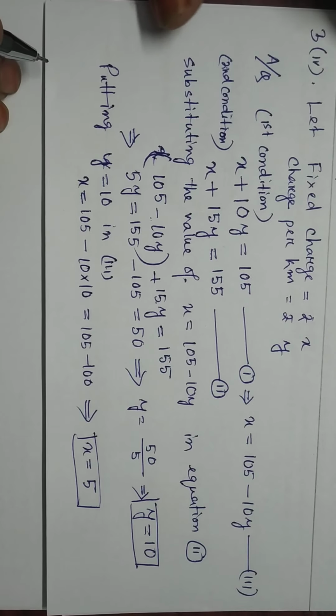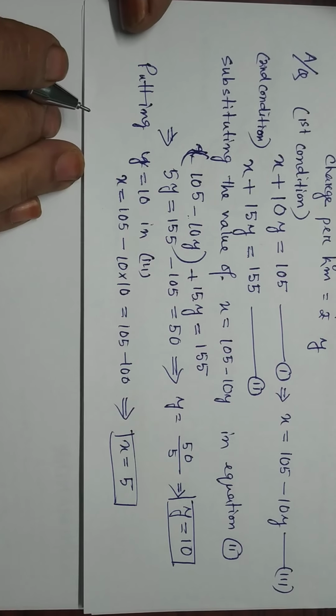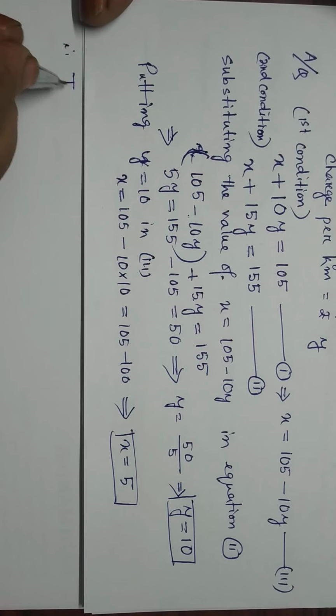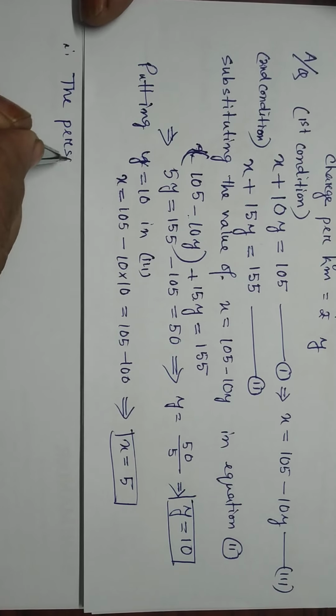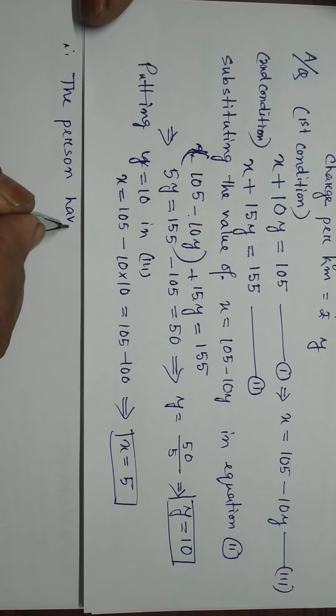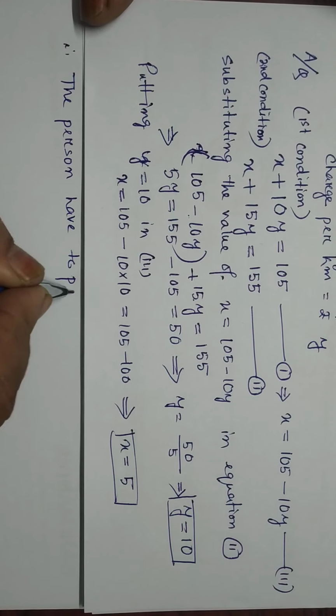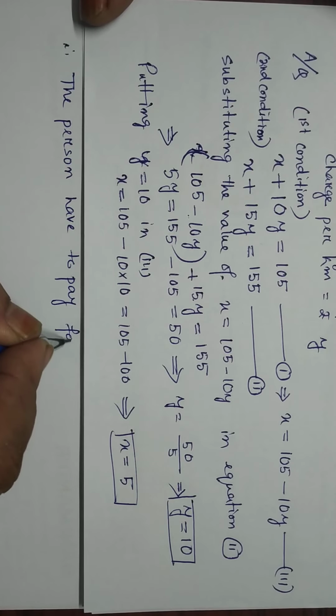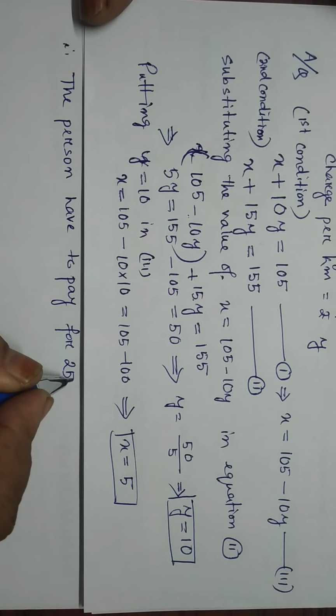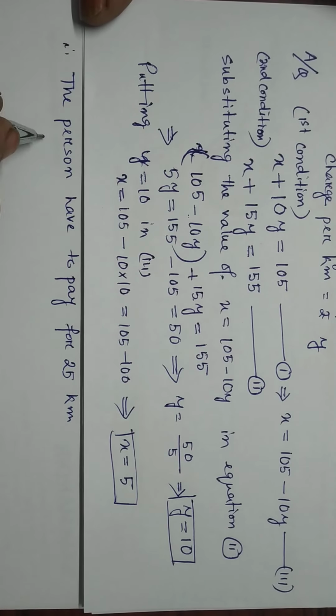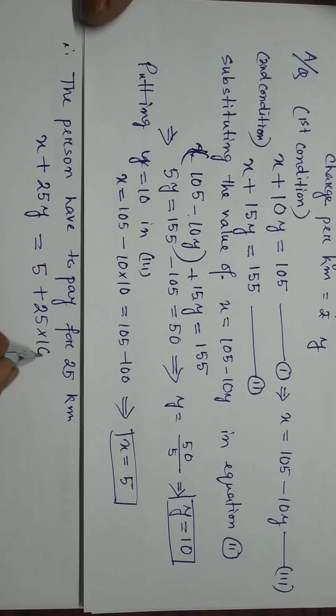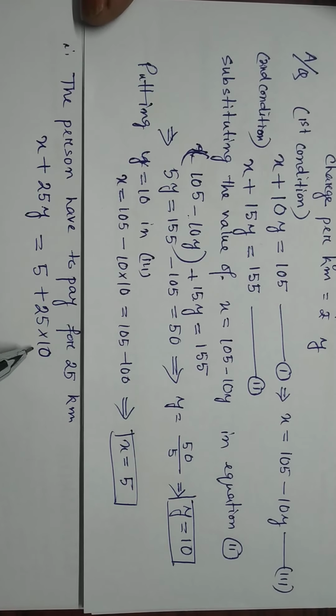Therefore the person has to pay for 25 kilometers is equal to first the fixed charge X and for 25 kilometers 25 into Y. Now X means what? 5. 25 into 10, because Y value is 10 and Y means per kilometer charge, and 5 means fixed charge.